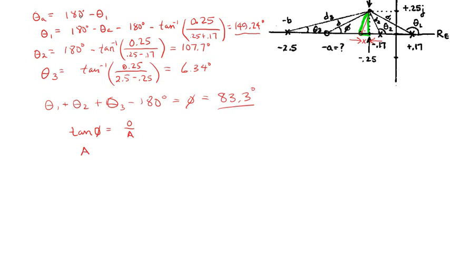So the adjacent side is equal to the opposite side over the tangent. I'm calling that x, and the opposite side is 0.25, divided by the tangent of phi, which is 83.3 degrees, and x is going to be equal to 0.03.